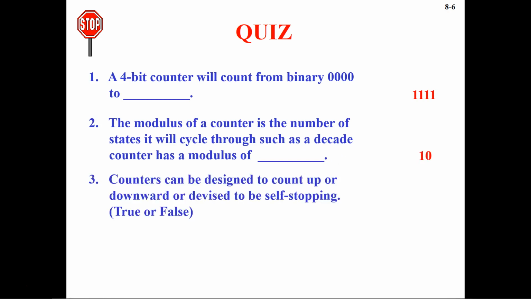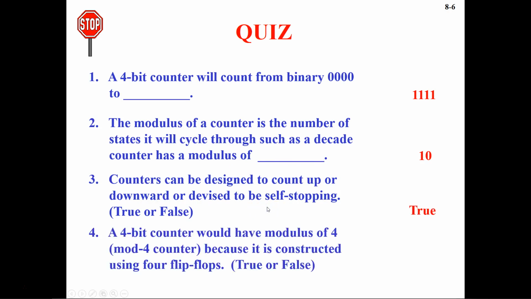Counters can be designed to count up or downward, or devised to be self-stopping. Is it true or false? We learned that it can do all of these things, so this is true. And then: a 4-bit counter would have a modulus of 4 because it is constructed using 4 flip-flops.